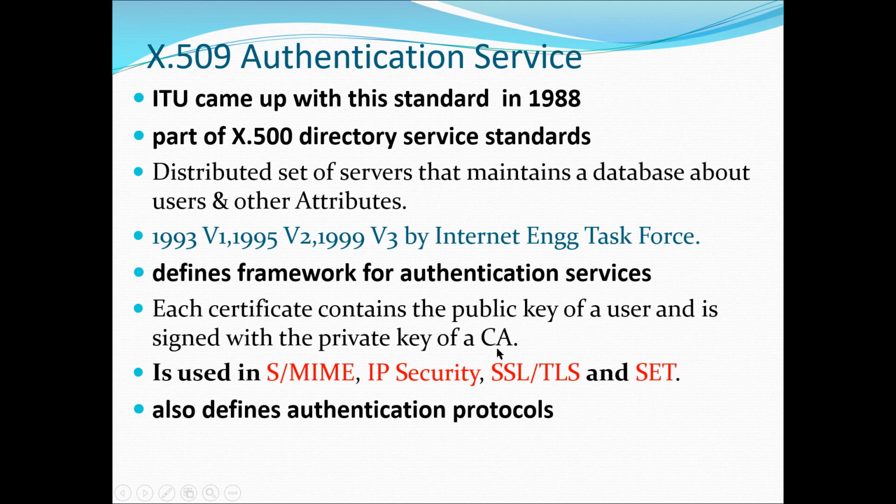CA is an intermediate person, you can say, or an intermediator who has the responsibility to authorize. There is a sender, there is a receiver. You just want to make sure whether the person is an authorized one or not. So you transfer this request to the CA.